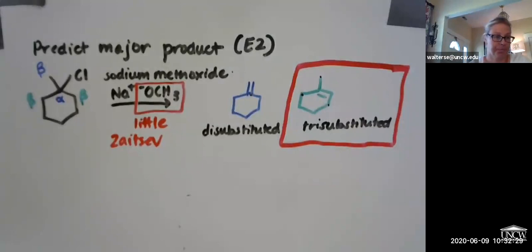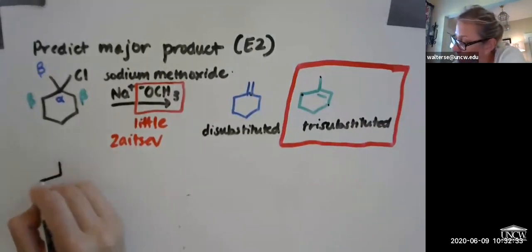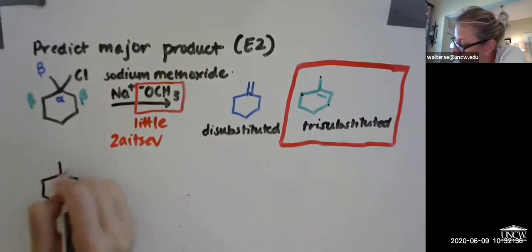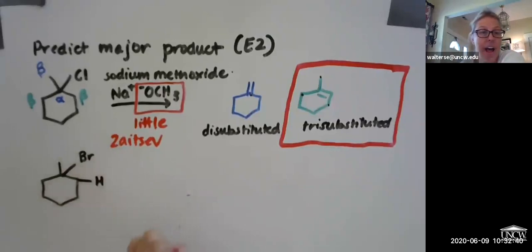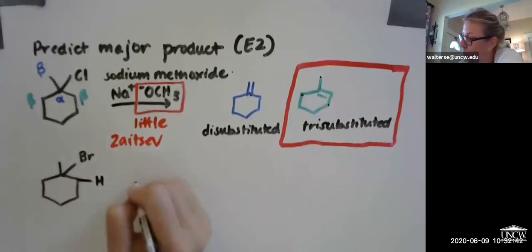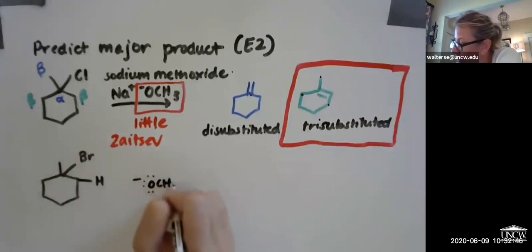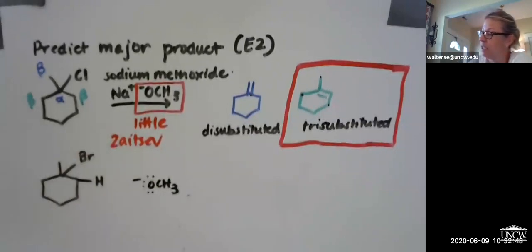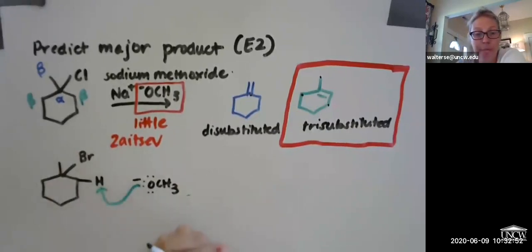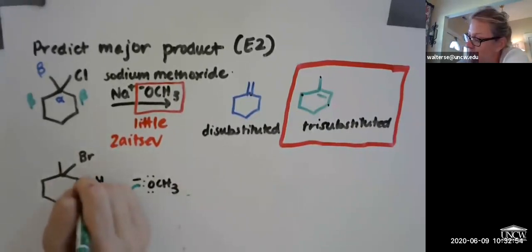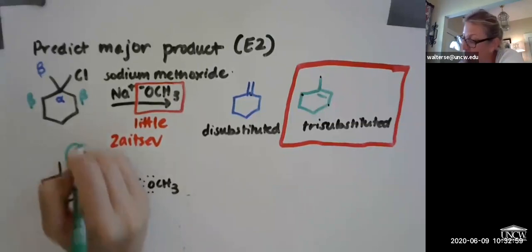If you want to see the mechanism for that, you would just draw a hydrogen on a beta carbon. Take your base, grab the proton, sigmas become pi's, lose your leaving group.